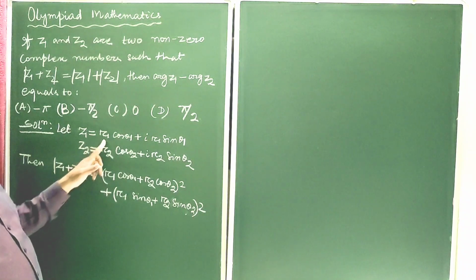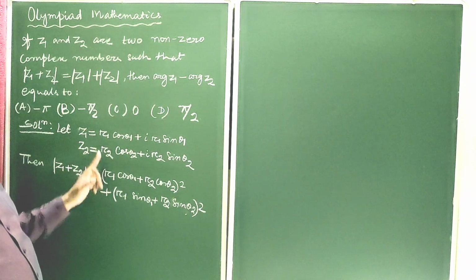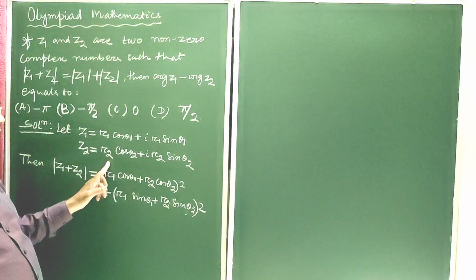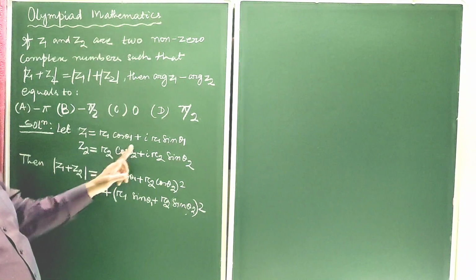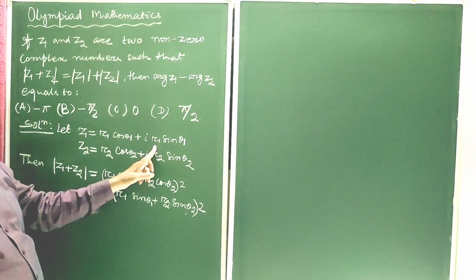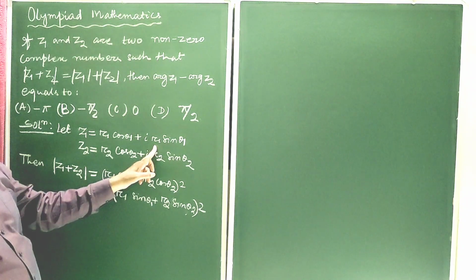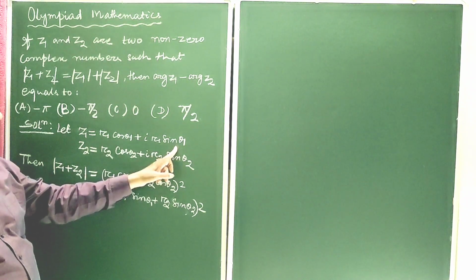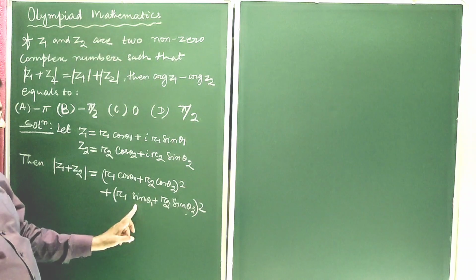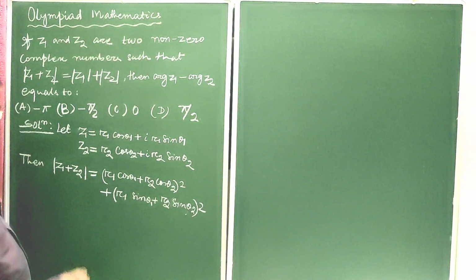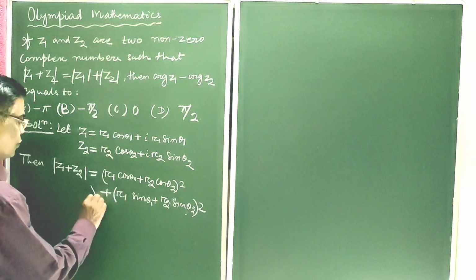Here after addition the real part will be R1 cos theta 1 plus R2 cos theta 2 and the imaginary part will be R1 sin theta 1 plus R2 sin theta 2.